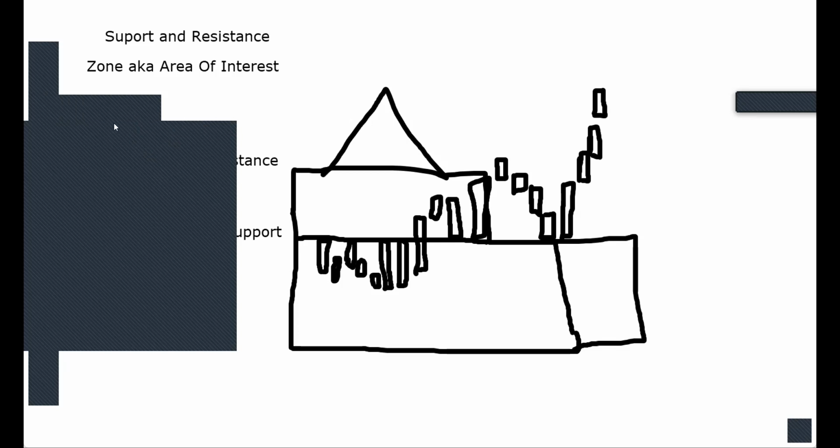Where my eraser at? Hold on. I don't want to intimidate y'all with charts. That's why I'm doing it on this board. Hold on. I got you. Let me get it together for you. All right.